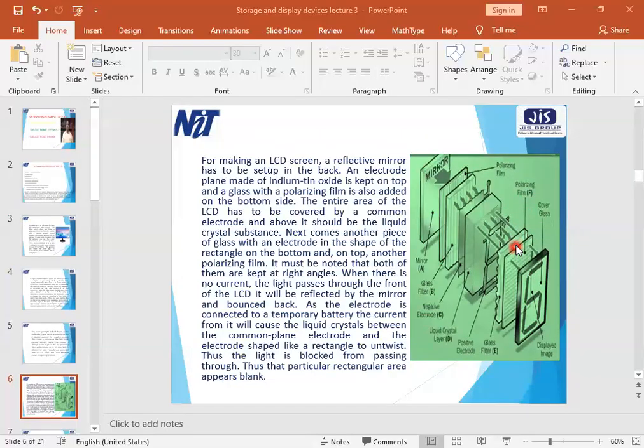So what happens is that the entire area of the LCD has to be covered by a common electrode, and above it should be the liquid crystal substance. Another piece of glass with an electrode in the shape of a rectangle on the bottom, and on top another polarizing film. It must be noted that both of them are kept at right angles. When there is no current, this is a very important thing.